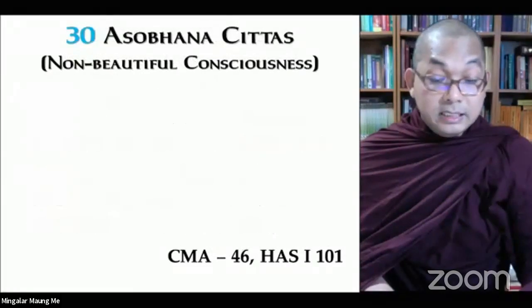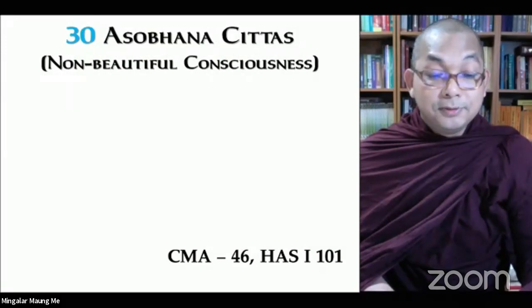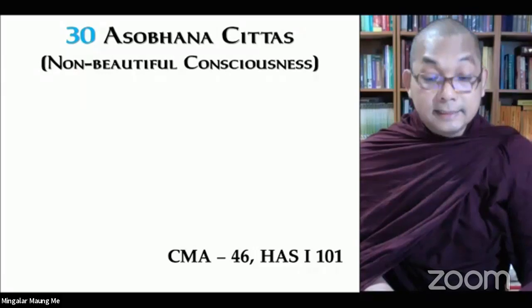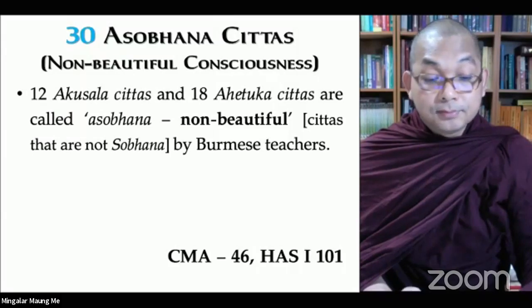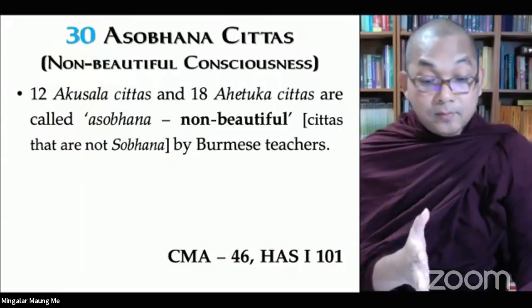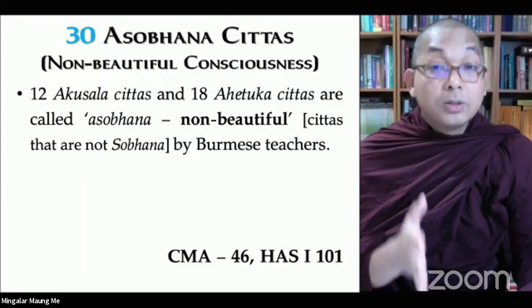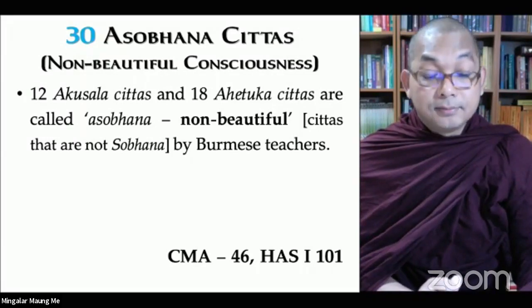So we have 30 Asobhana Cittas, non-beautiful consciousness. The 12 akusala cittas and 18 ahetuka cittas are called Asobhana, non-beautiful. Actually, this is the meaning: cittas that are not Sobhana.